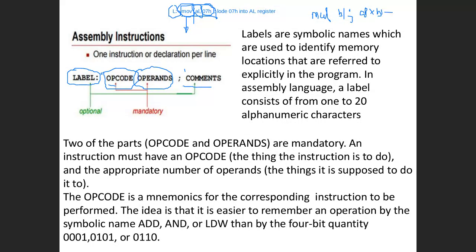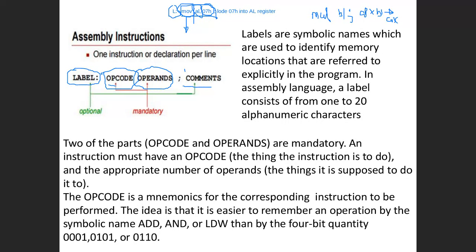I also said in one class that in multiplication and division cases, the accumulator, AL, is the 8-bit accumulator, and AX is the 16-bit accumulator. It is by default the first operand. So the operand count can be 1 or 2, mostly 2, and in some cases there is no operand.